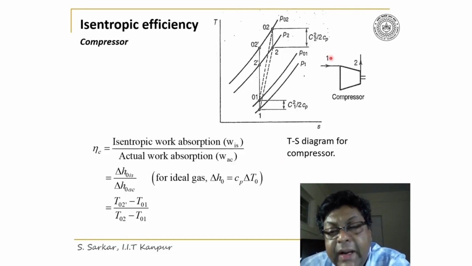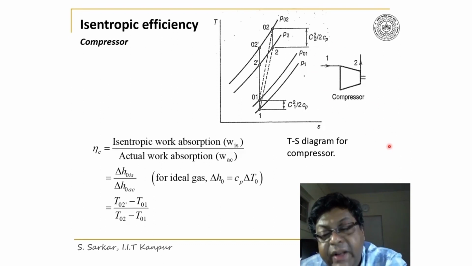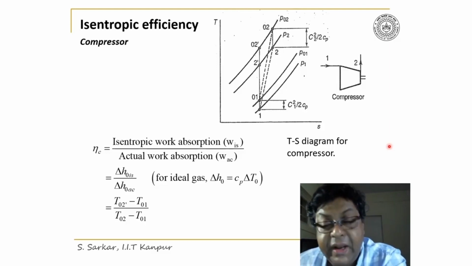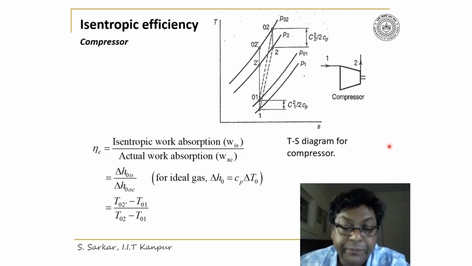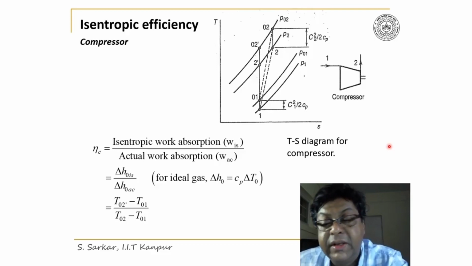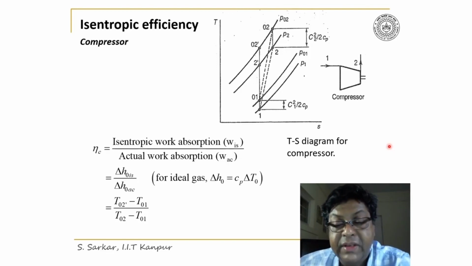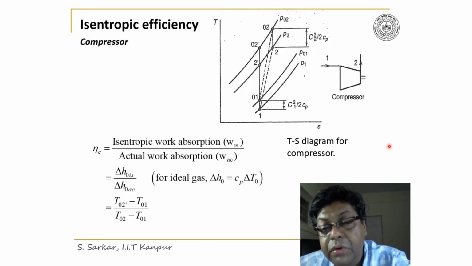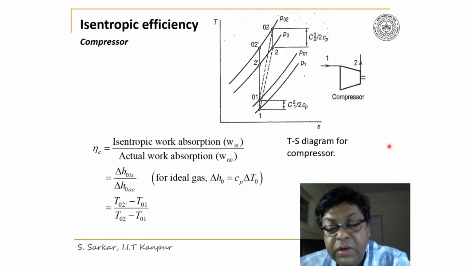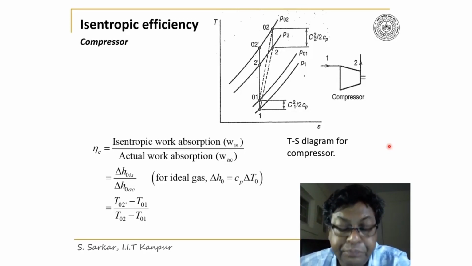To explain that, I have indicated here the schematic of a compressor, where the inlet condition is identified as 1 and exit as 2. That means P1 and T1 are the static pressure and temperature at inlet, along with C1, the speed of air, and that at exit would be P2, T2 and C2.